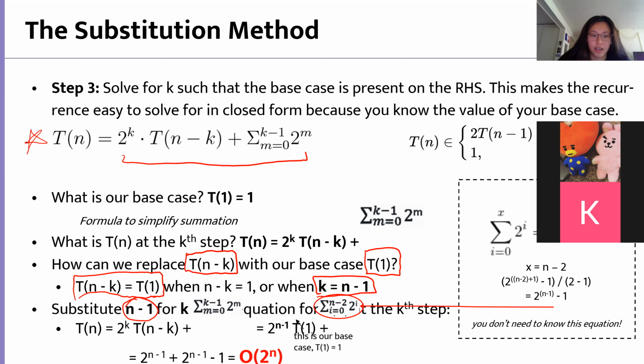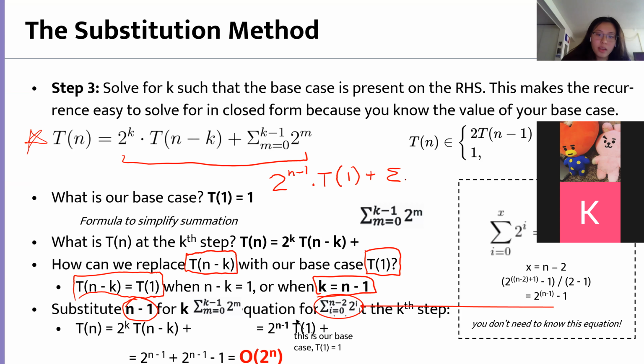And so if we actually do that, we'll get 2 to the n minus 1 times t of 1, since we already know that n minus k in this case will be 1. And then plus some summation. I'm not going to write out the summation because it's kind of pointless.